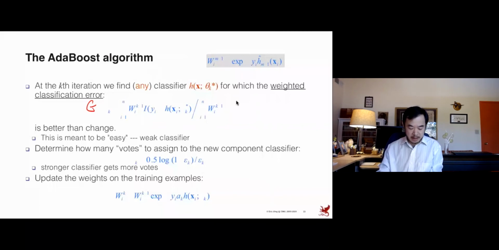The other is the alpha k, the weight of the classifier at iteration k, and also the w_i of k, which is the weight of sample i at iteration k. And now you see where all these equations come from. It is all coming from the same source, which is the exponential empirical loss of the classification. Okay, it's a clean theory and mathematics.